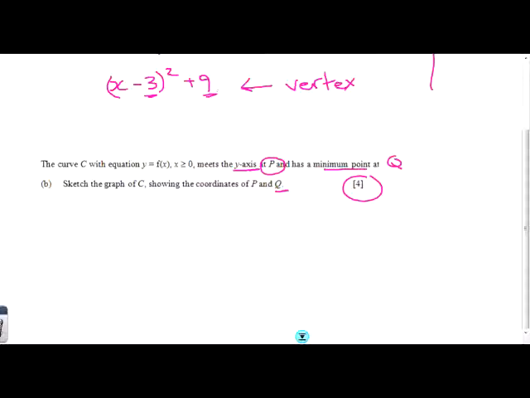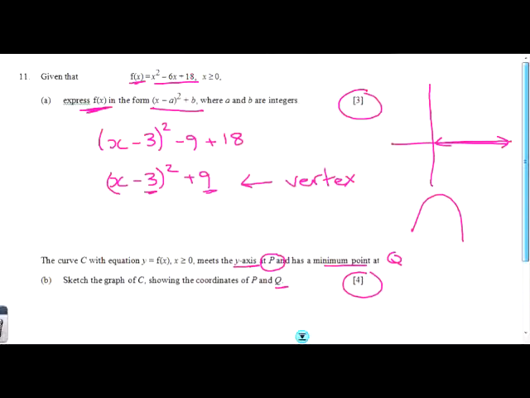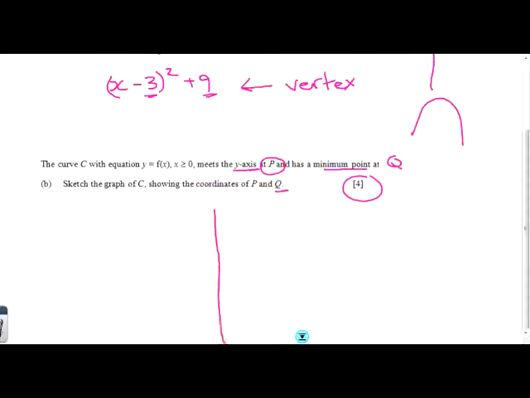It can be our maximum point if the graph is a reversed parabola. Now, if we scoot back up a minute, here's the original function. So this constant term, you should know that that is the y-intercept. So that bit there is P, and that is 0, 18.